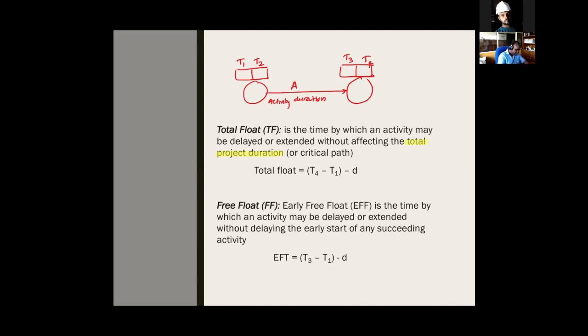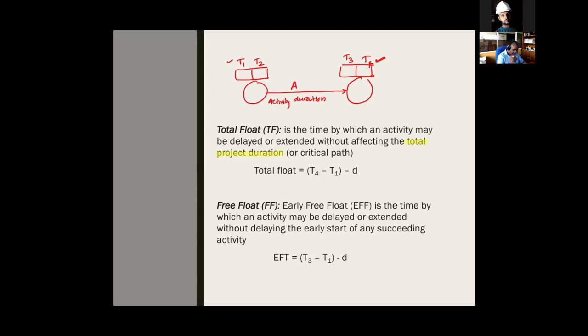So T4 is the latest finish time, earliest start time minus the duration. Remember, the next activity can be delayed, the activities in the path can be delayed, but the total project duration is kept the same.